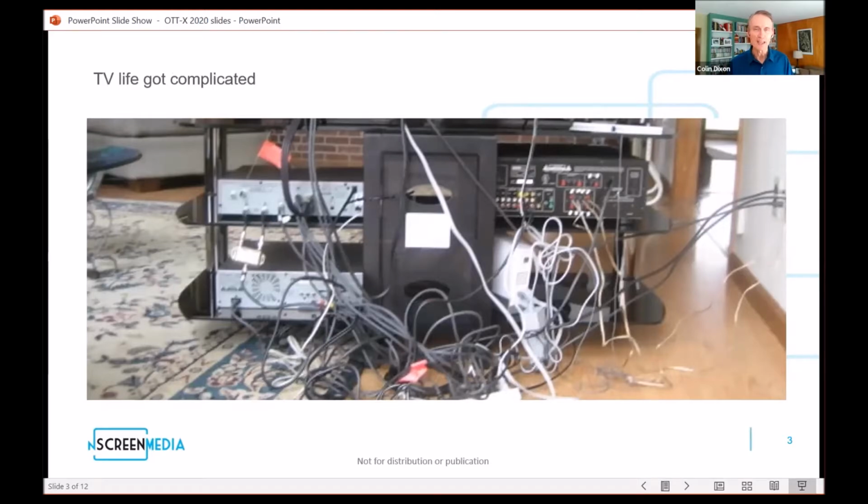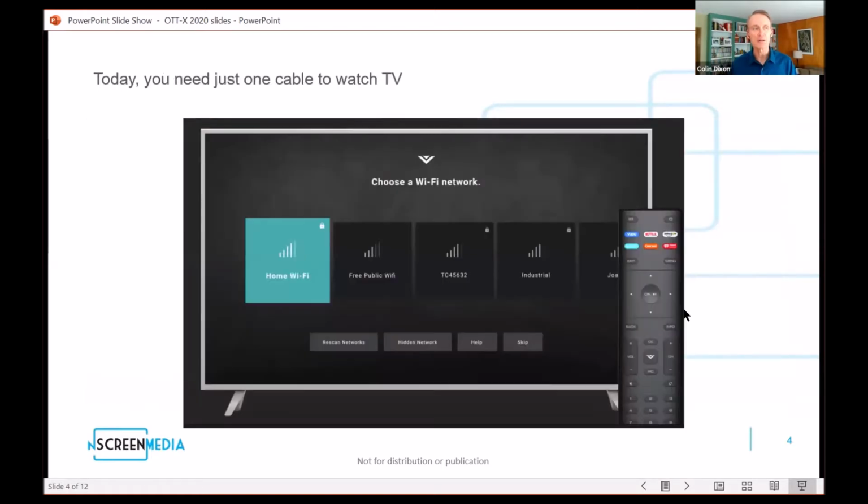But you know, if you have purchased a smart TV in the last year or two, you may have noticed that things have gotten quite a bit simpler. Now, I recently got a new Vizio television, and all I did was plug in the power, and the first thing it asked me to do was to connect to Wi-Fi, and it helped me.